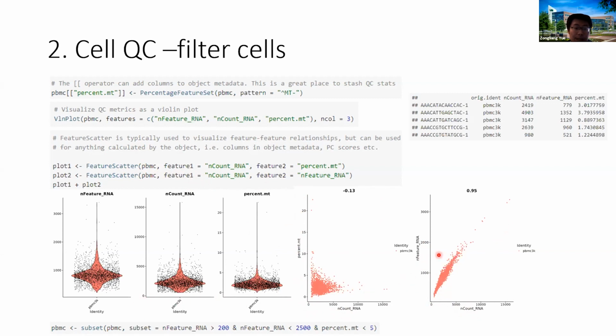After you decide which parameters to use to filter out this noise, for example, here they use nFeature_RNA larger than 200, and nFeature_RNA not too high, because there could be a doublet scenario, so it is less than 2,500, and mitochondrial expression is less than 5.